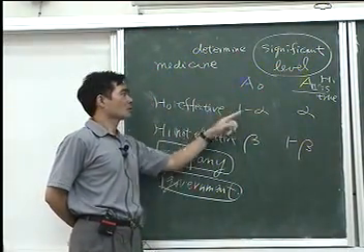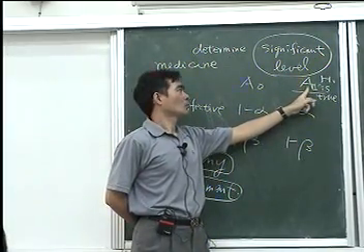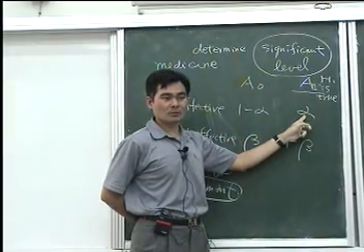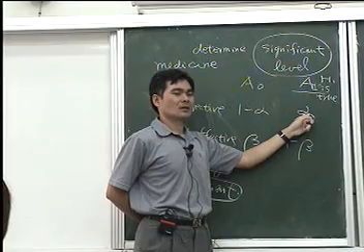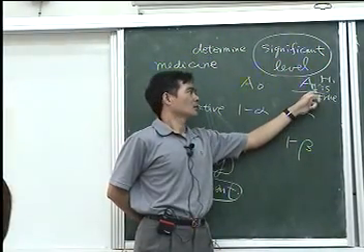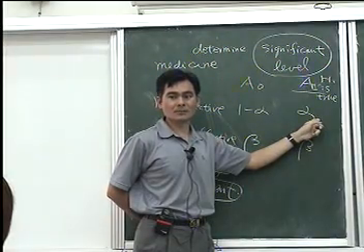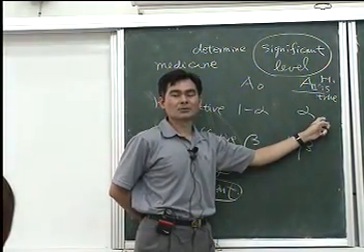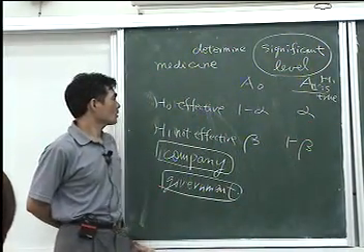So this is A1. What does A1 mean? Alpha is type 1 error, right? And what is this error? As a matter of fact, the medicine cannot cure any disease, but you say it can cure a disease.